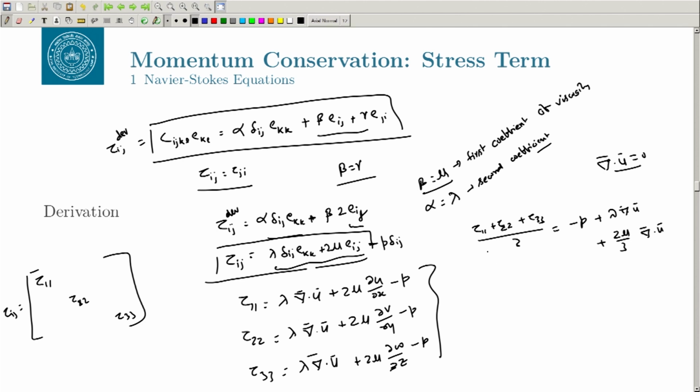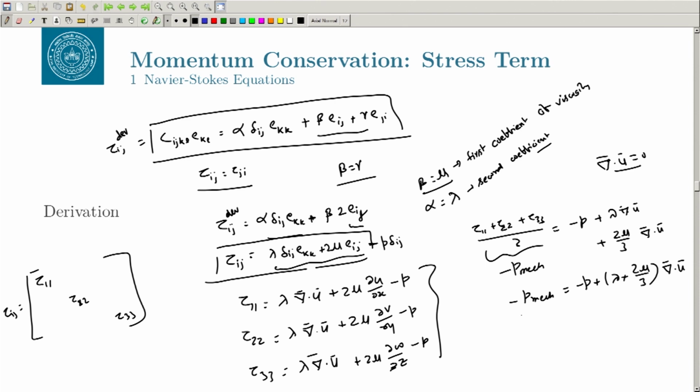And we define this as a mechanical pressure, okay, we call it P mech. So, minus P mech is equal to minus P plus lambda plus 2 mu by 3 del dot u, okay.